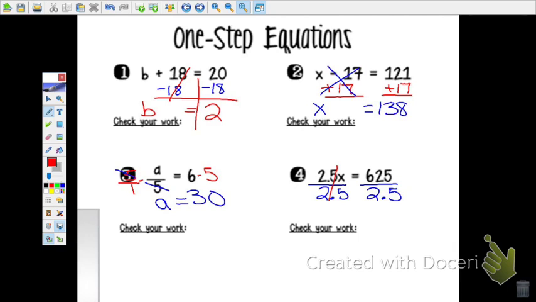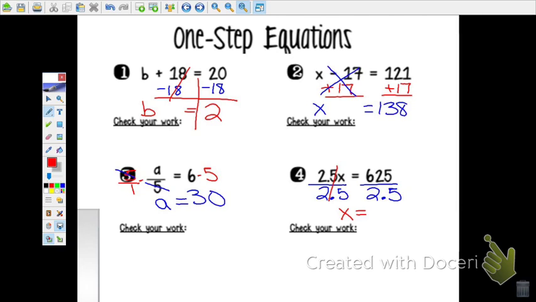And then we just have that variable x equals 625 divided by 2.5. Anybody know how we can do that without long division? 625 divided by 25 and move your decimal back over. Okay, so we could divide by 25, move the decimal, then we have to move it back over.